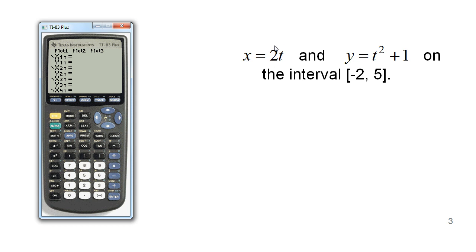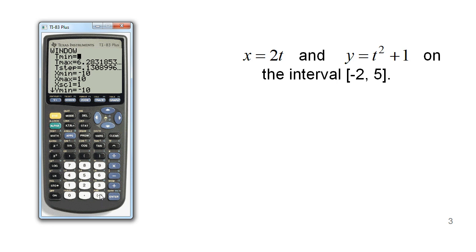So here's our equation: x equals 2, and I push my variable button and it puts a t in there. Let's go down for the y. Y equals t squared, so I push my variable button and the squared button, and then plus 1. Now I need to go to my window and see what it looks like. Notice that it has a tmin and a tmax.